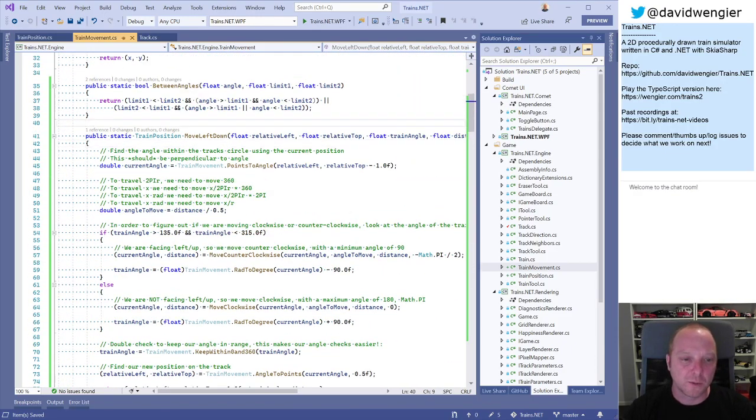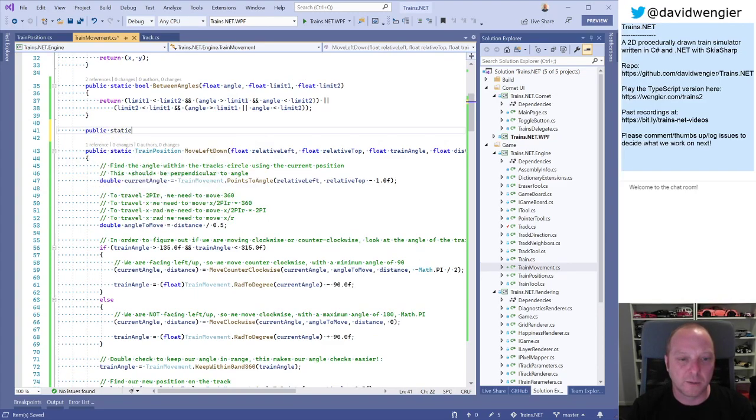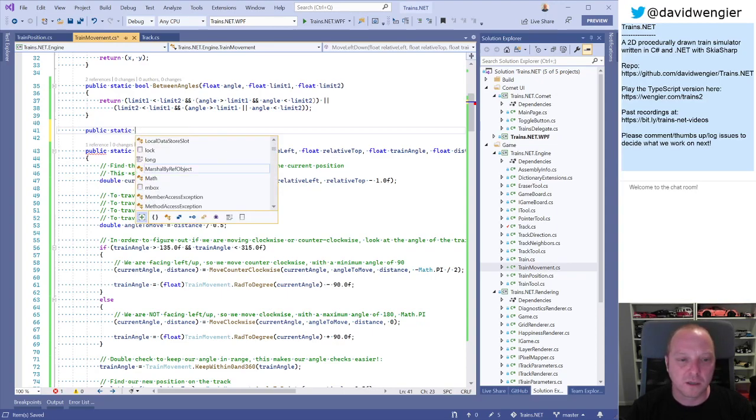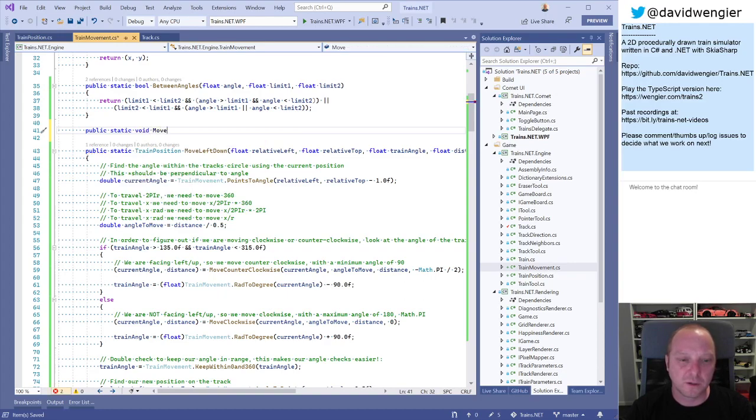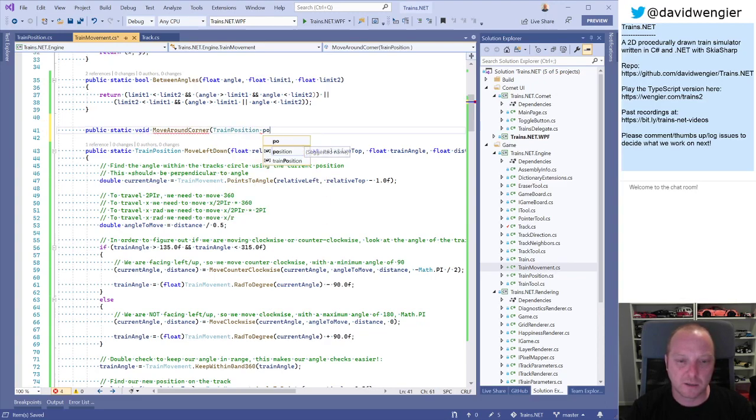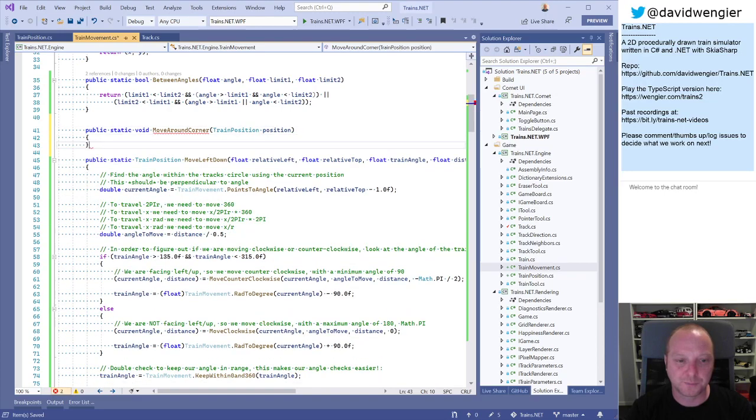So move left down. What we want to do is make a new... if it's a class, it doesn't have to return anything. Move around corner. And we simply take in a position.